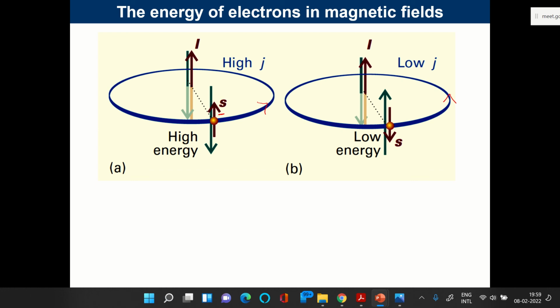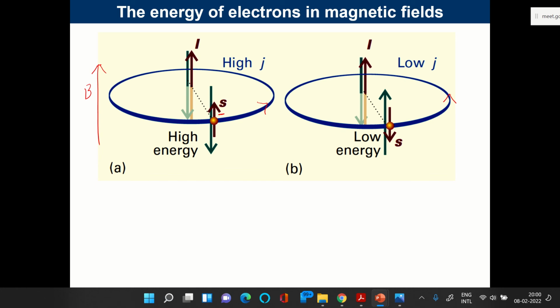In one case, when we apply magnetic field B, this was what I was discussing in the last class. We applied the magnetic field, and because electrons have a negative charge, the magnetic moment induced is in the opposite direction to the applied magnetic field.